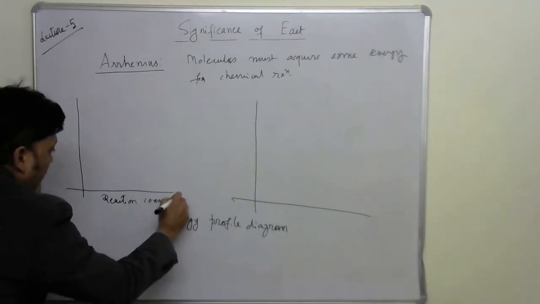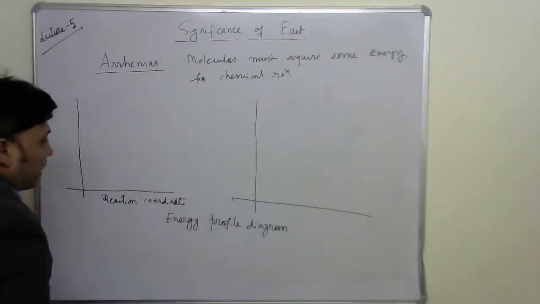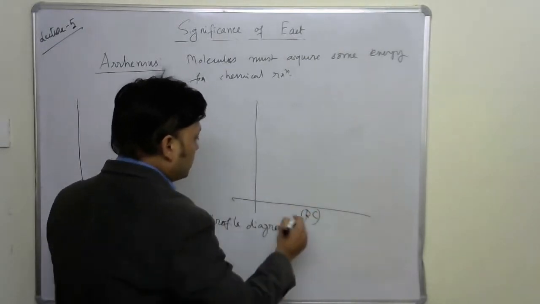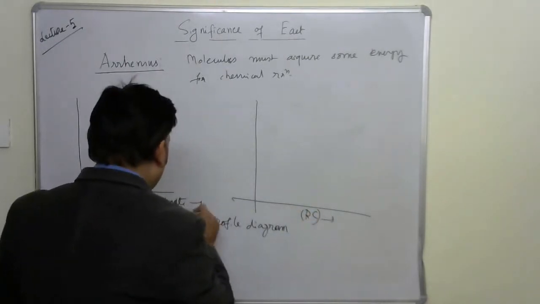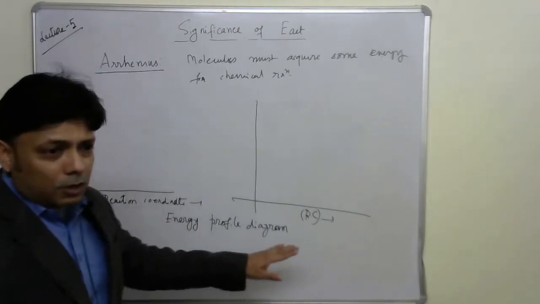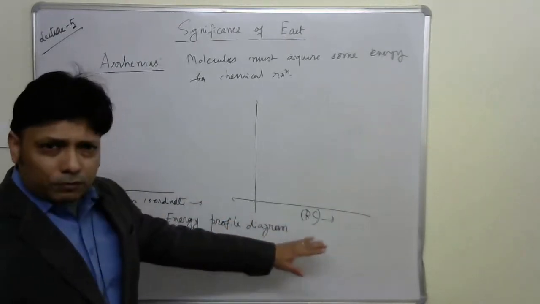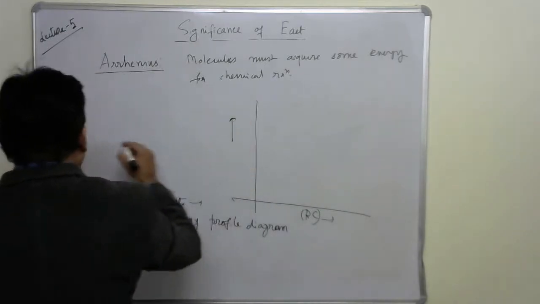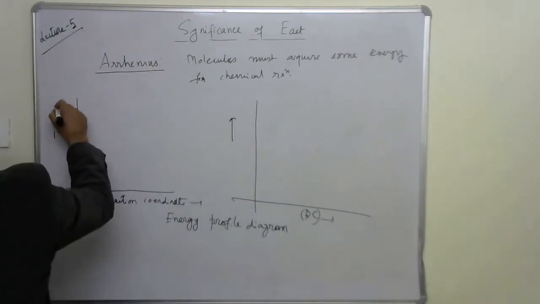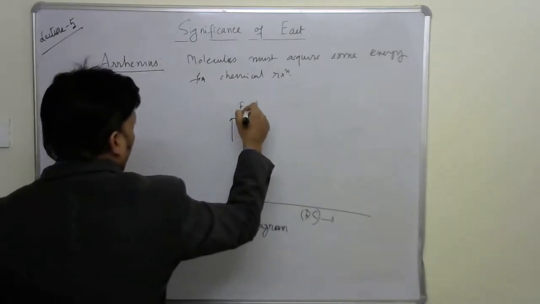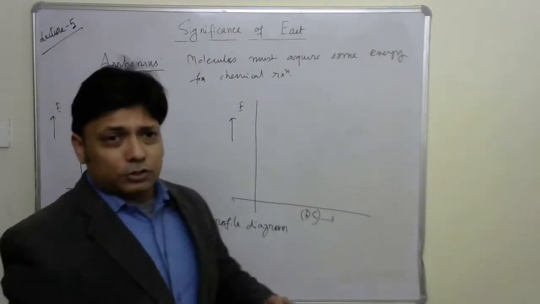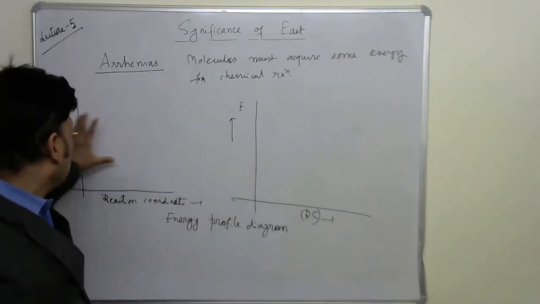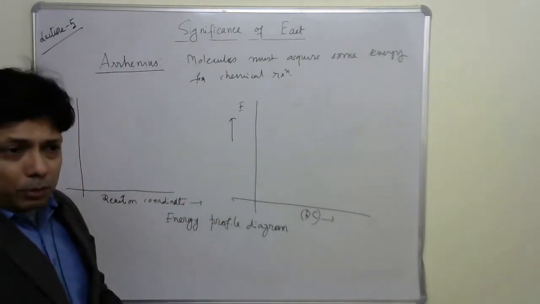It is very different from the time axis, and this is not time. This reaction coordinate represents the progress of the reaction, and in the y-axis we represent energy, which basically represents the enthalpy of the chemical reaction.